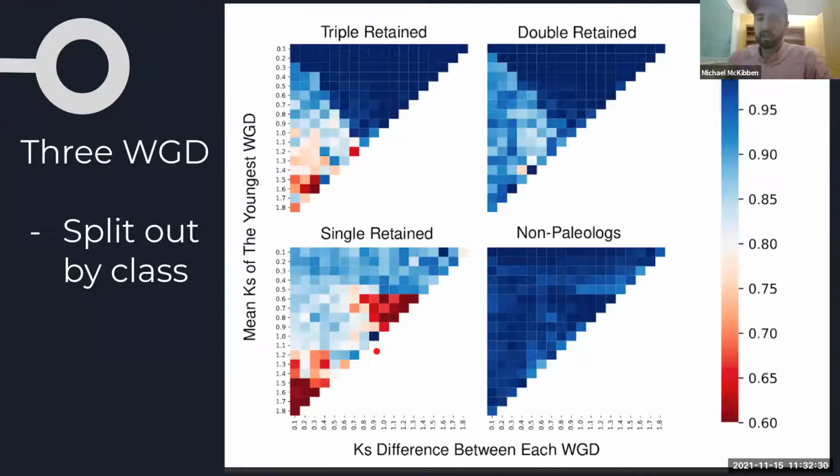So my best guess on that is, we had a hard time figuring out why that was, because that's the mystery nature of machine learning, it's a bit of a black box. We tried to use something called SHAP values to figure out what was going on there. And we didn't get an exact answer, but my current hypothesis is that in that region for single retained genes, there's a Goldilocks zone where there's a little bit of overlap between two neighboring peaks, so for whatever reason, it's mistaking these single retained genes as double retained genes.